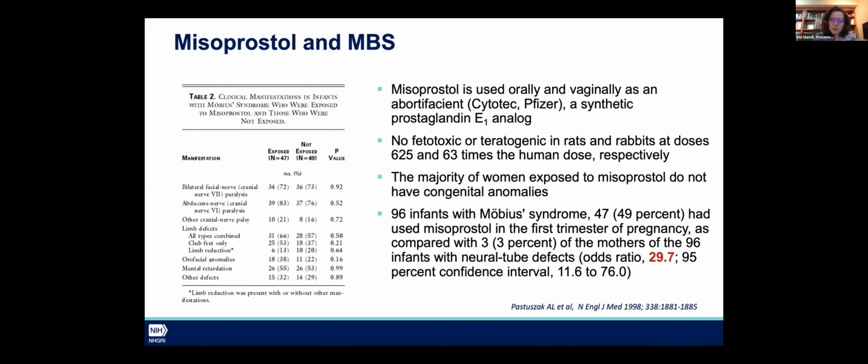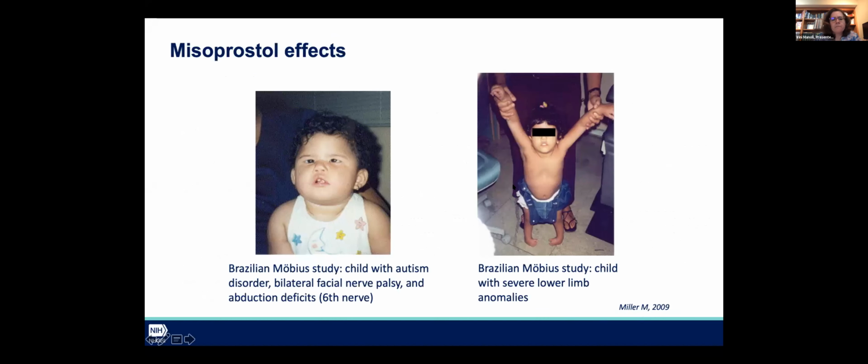And there are a lot of reports about misoprostol exposure. Of course, this is a medication used to cause an abortion. But many women take misoprostol without having Moebius syndrome. And there is a nice New England Journal of Medicine report. This is really a phenocopy.